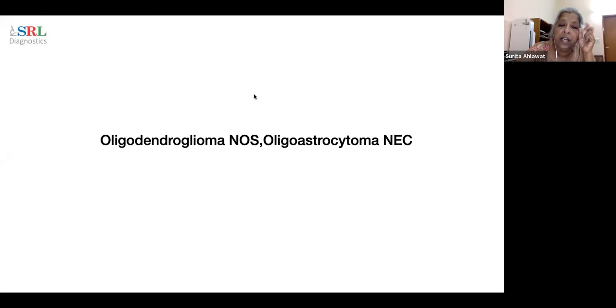This I have already said: unless you do 1p19q, or you do IDH, or you do the proper IHC workup and proper molecular workup, if it is not done, or if you did it but it was not successful for any reason, you can only call it histomorphologically oligodendroglioma NOS.